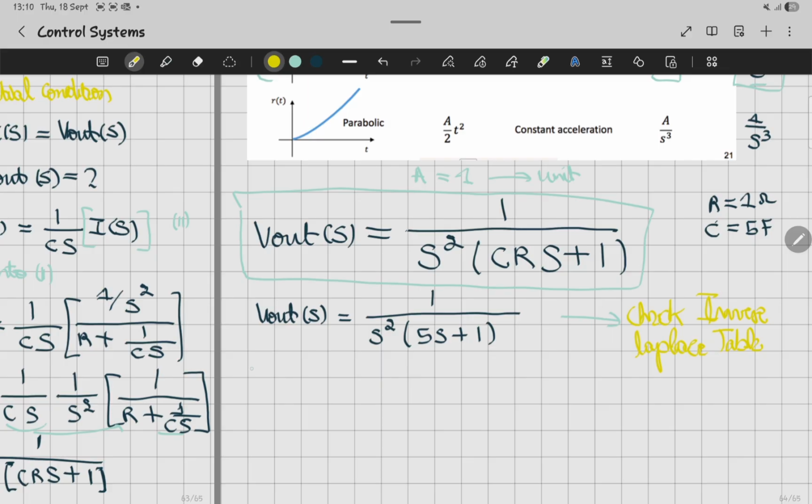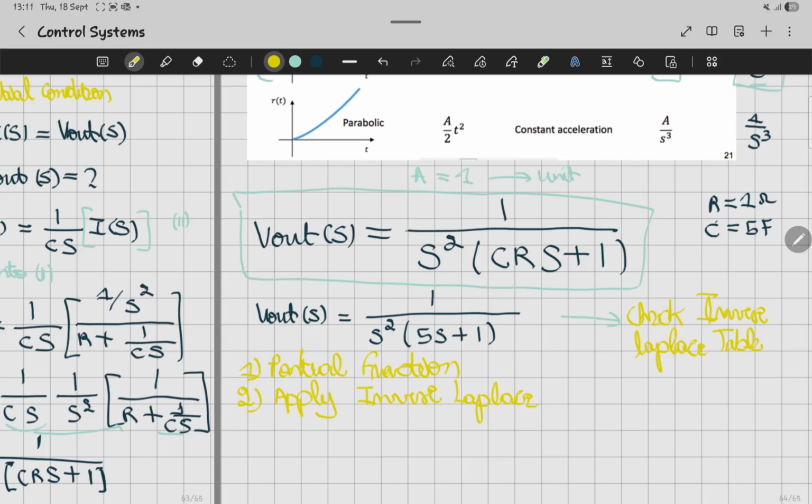If you don't find this one, then you're going to go for partial fraction. Okay, you break it down, and then once you find your partial fraction and the unknowns, you solve for the unknowns. You now apply the inverse Laplace, which is going to be very easy for you. Okay, you're just going to get the form from the table.